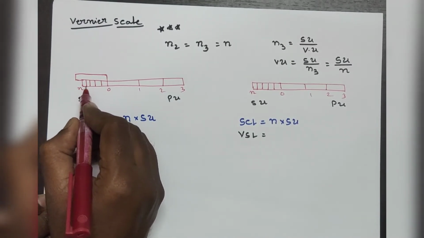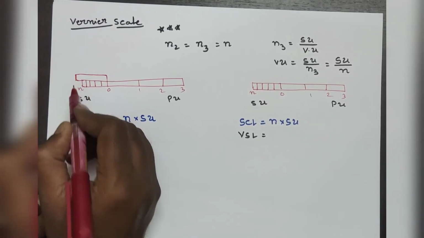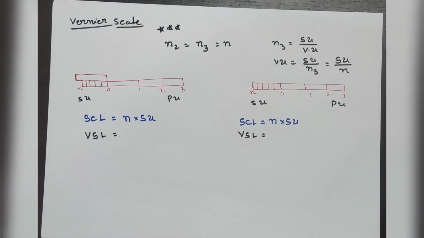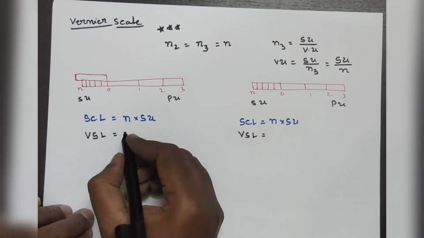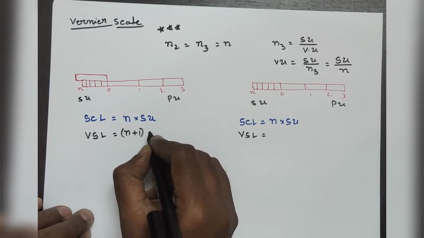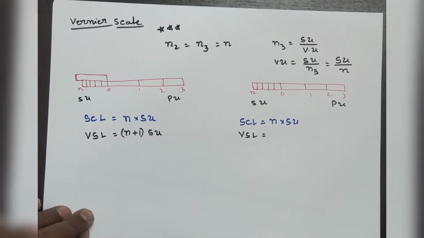So your 1 unit length we will take here and we will cut the arc here. This particular thing is considered as a vernier scale. In this case, it is going to be n plus 1 length of secondary units. This is the vernier scale in one case.